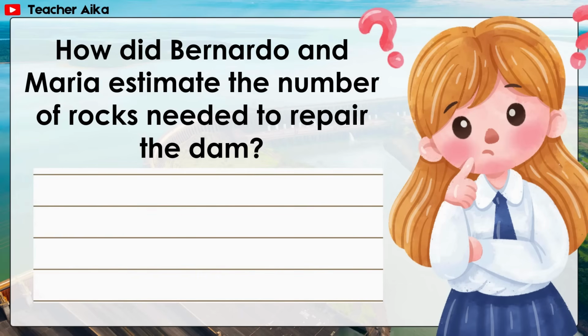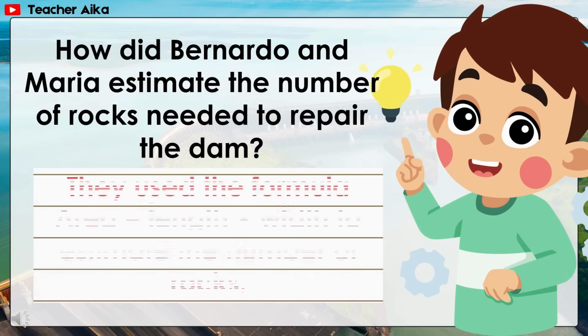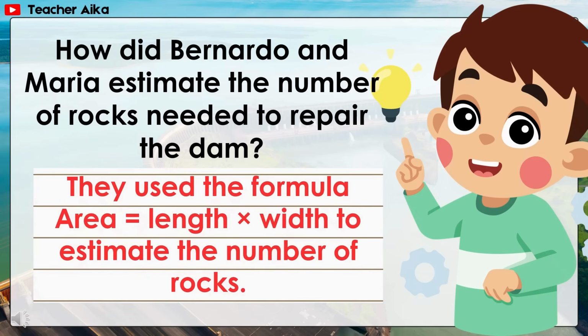Questions to answer. How did Bernardo and Maria estimate the number of rocks needed to repair the dam? Answer. They used the formula area equals length times width to estimate the number of rocks.